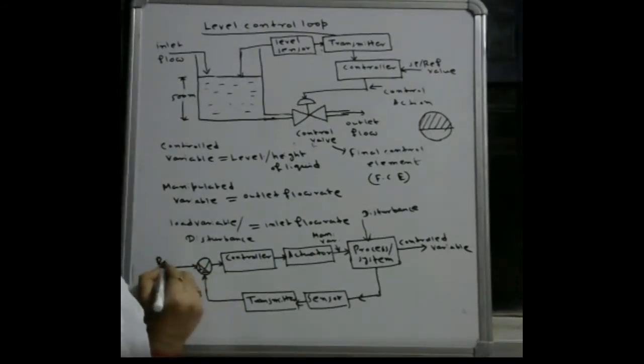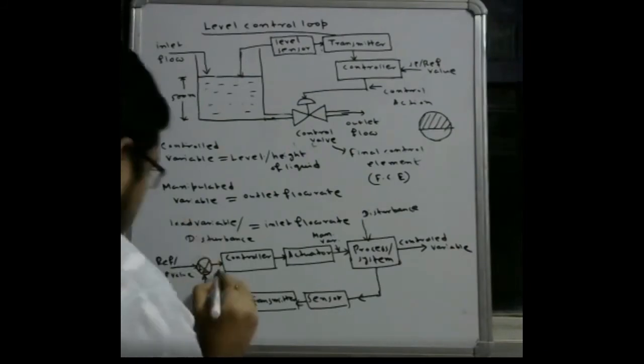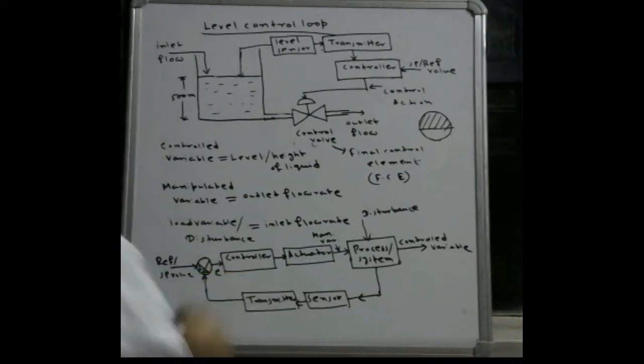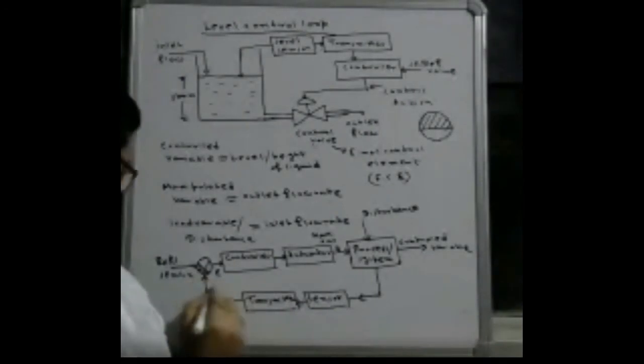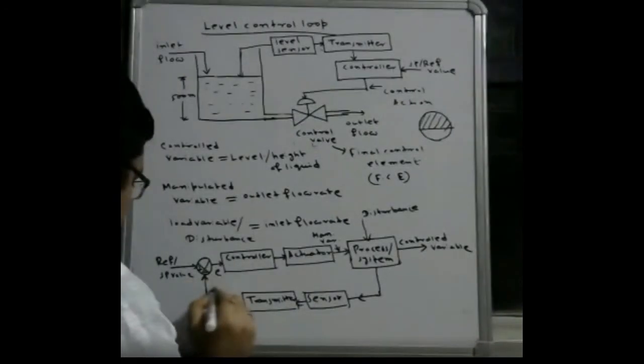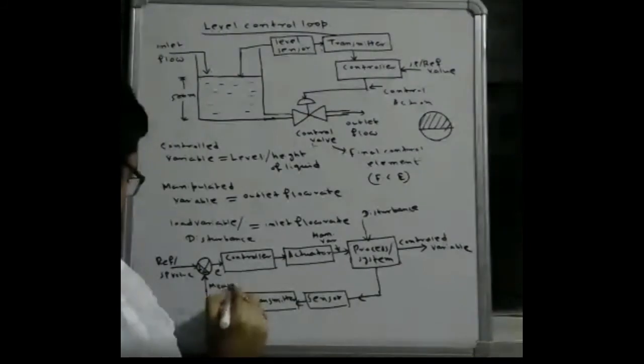This value is the reference value or set point value. This one is error. And this value is the actual value, measured value.